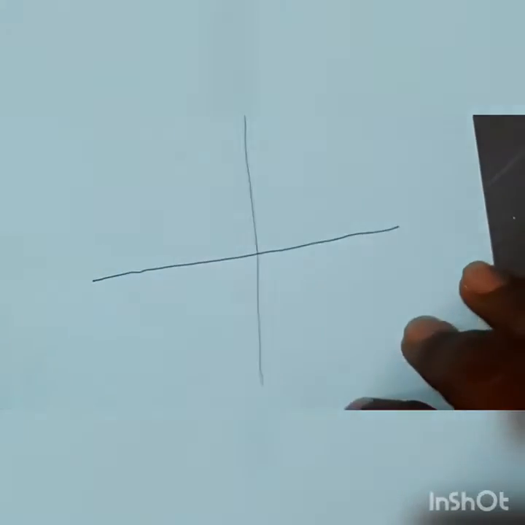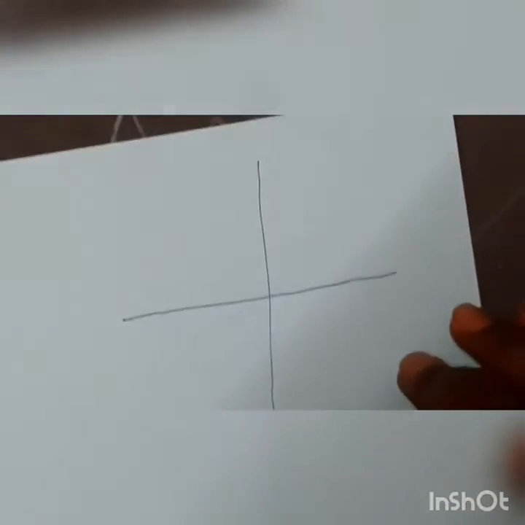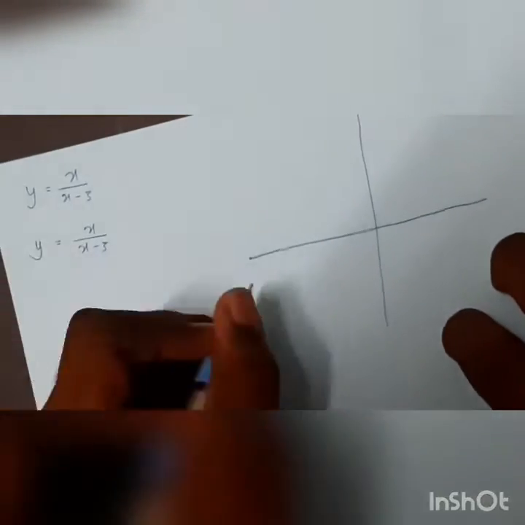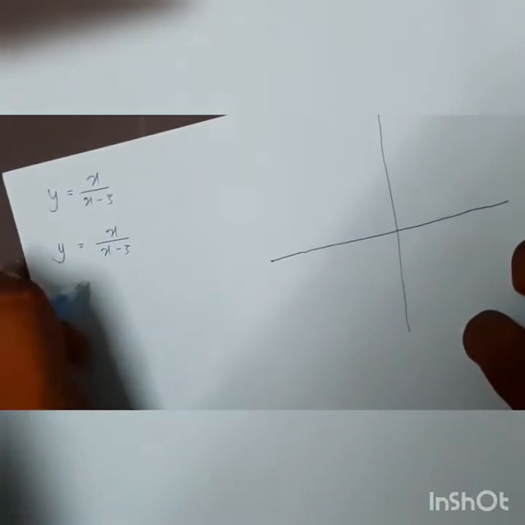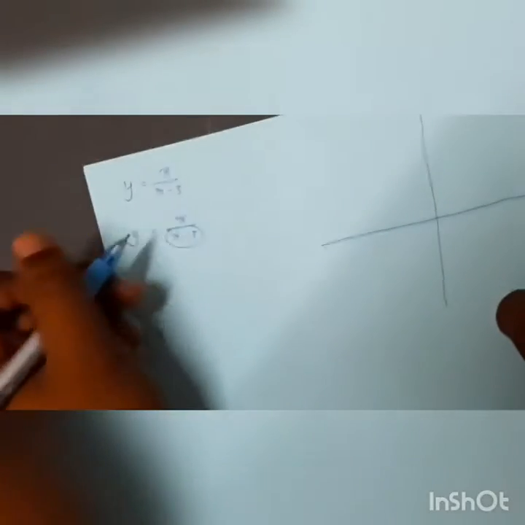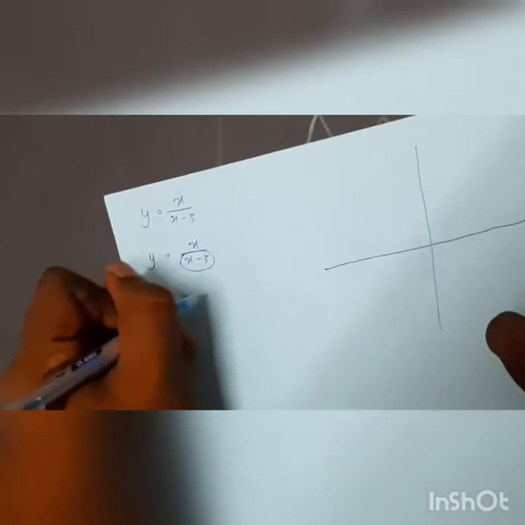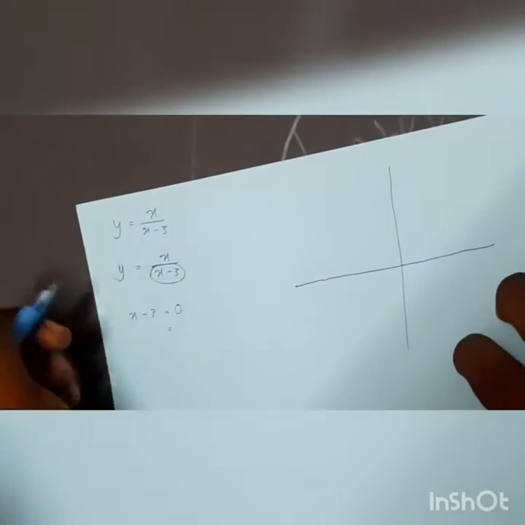Before we get into the calculation, let's draw the graph in the first place because we want to get a clearer picture. As you can see, this is a rational function. So first of all, we need to find the asymptotes. We take the denominator of the fraction, which is x minus 3, and make it equal to 0.